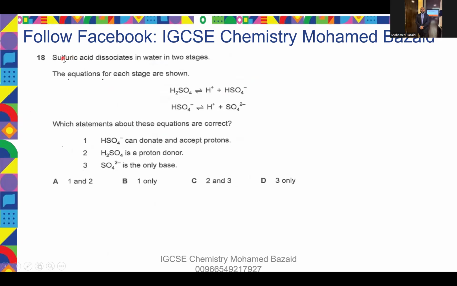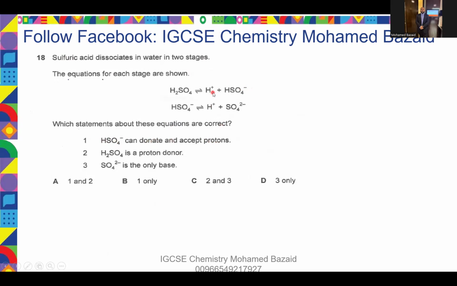Question 18. Sulfuric acid dissociates in water in 2 stages. The equation for each stage is shown, the first and the second. Which statement about these equations is correct? The first one: HSO4 minus can donate and accept a proton.